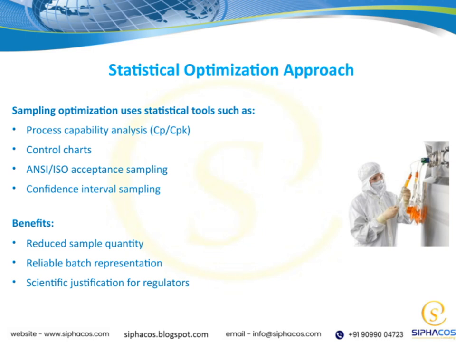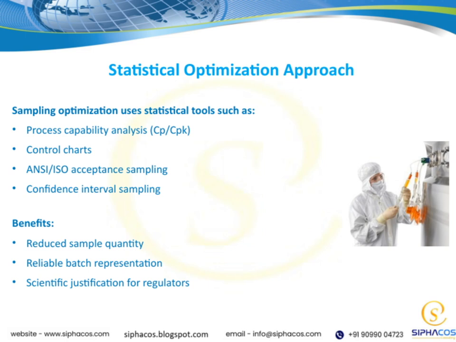Control charts allow us to monitor process stability over time, quickly identifying any deviations. ANSI and ISO acceptance sampling standards provide structured guidelines for evaluating batches efficiently. And confidence interval sampling gives us a statistically sound way to estimate parameters with a known level of certainty.